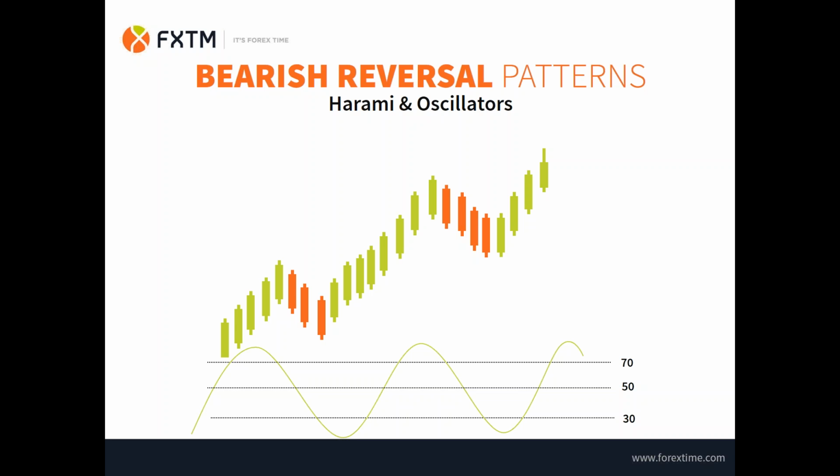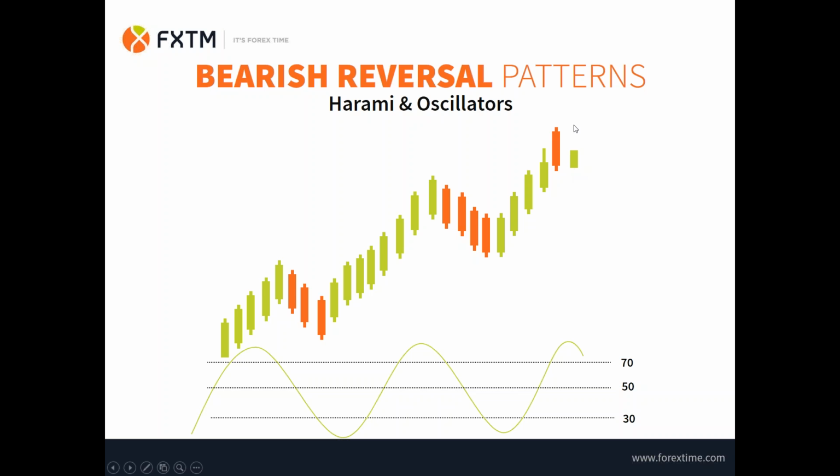All right? So we are looking for high probability setups. Never forget that. We don't want to take any setup, we want to increase the chances so we have higher probability to trade, and we do that by filtering and confirmation. So what do you have here?